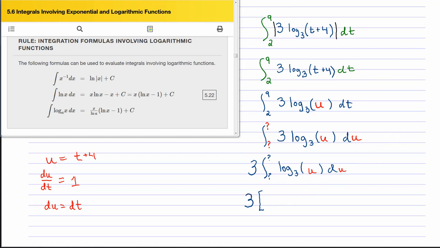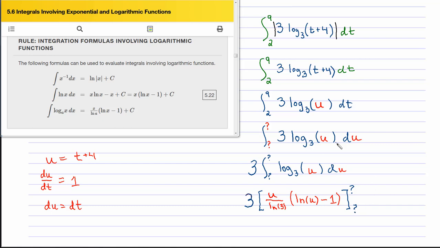So it's going to be u divided by the natural log of 3, and then times the quantity natural log of u minus 1. And then that's going to get evaluated at the upper and lower limits, which we said we don't know.